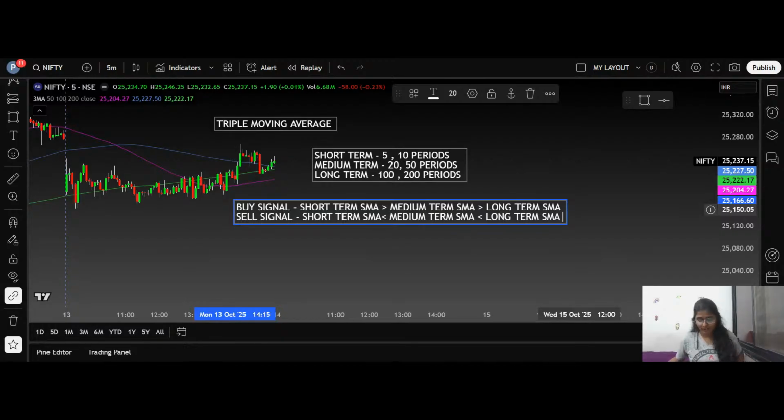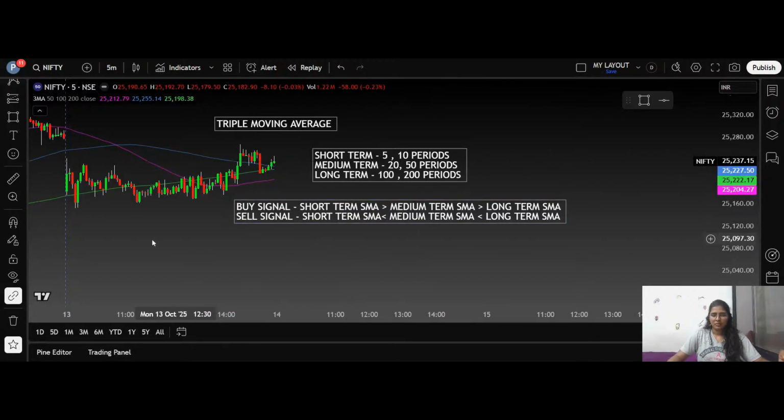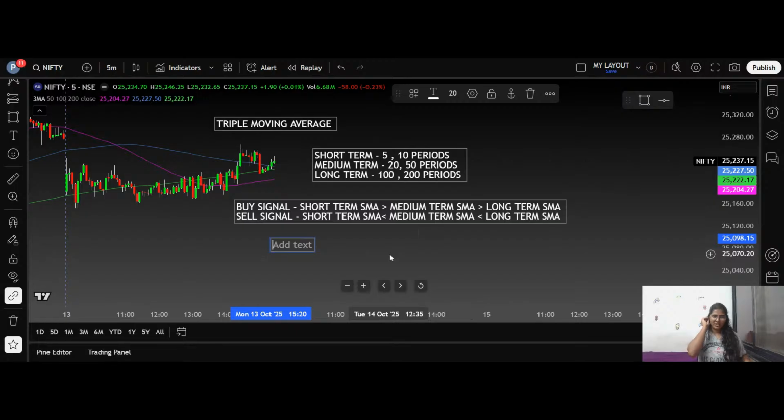We also call this a triple moving average, or moreover a crossover SMA strategy with three SMAs. This is also a simple strategy like the normal SMA, but I don't know why they have to make so many indicators with this single term, but it's okay. If they have, then we have to find it out.